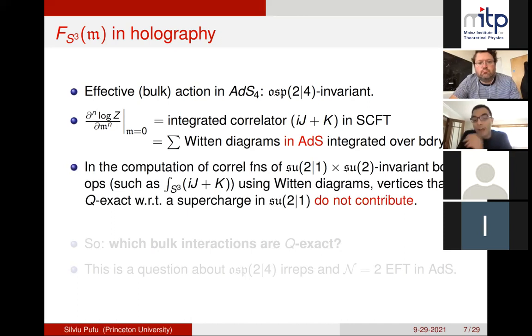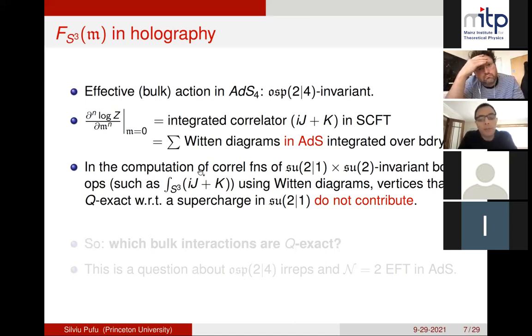So now here's a fact that follows from supersymmetry. In the computation of correlation functions of operators that are invariant under the supersymmetry algebra on the sphere, so these are correlation functions on the sphere, the supersymmetry algebra is SU(2|1) times SU(2). For example, one of those operators would just be the integral of J_ij plus K, so it would apply to the situation above.